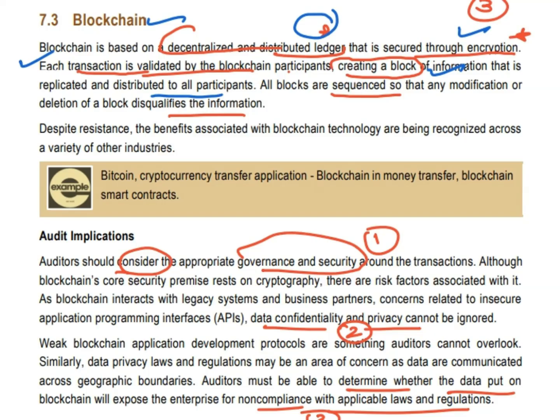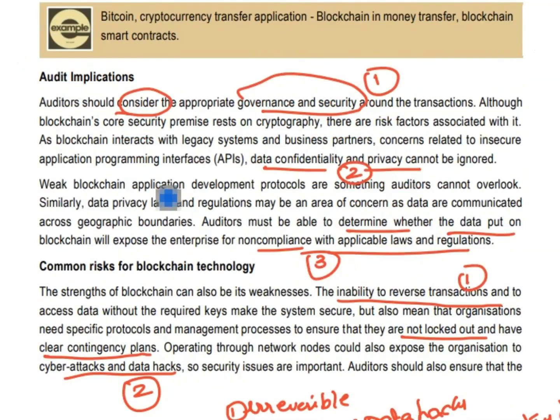The blocks are sequenced in such a way that if you do any modification in that block, it will disqualify the information. So this is how you will remember: a decentralized and distributed ledger plus encryption. Every transaction is validated by the blockchain participants, and it will create a block, so you cannot modify the block. So this is some introduction about the blockchain.